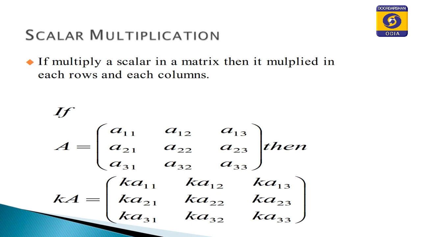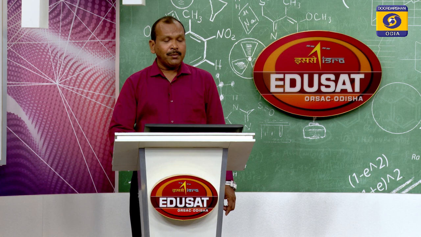Suppose A is a 3 cross 3 matrix with elements a11, a12, a13, a21, a22, a23, a31, a32, a33. Then kA, where k is a scalar, has k multiplied in each element: k a11, k a12, k a13, and so on. That becomes the scalar multiplication of a matrix.